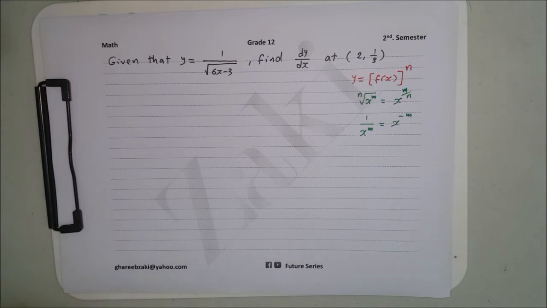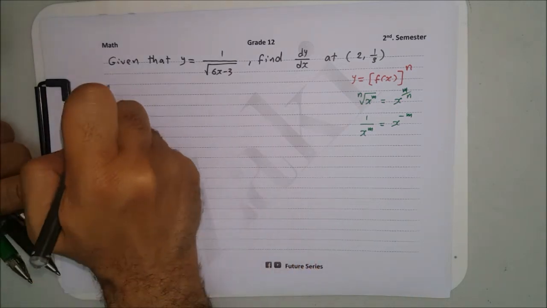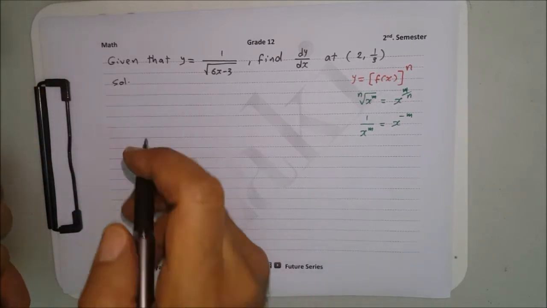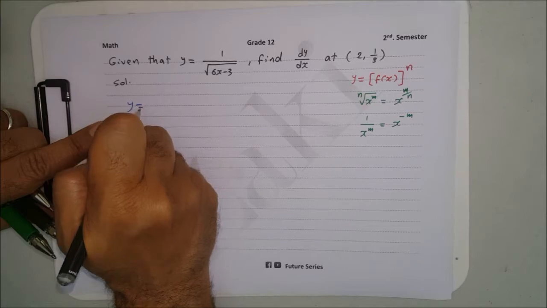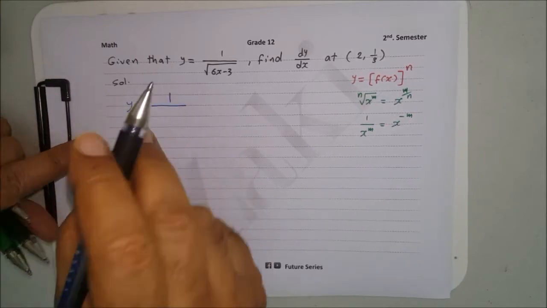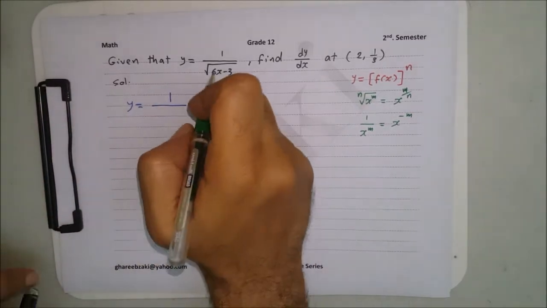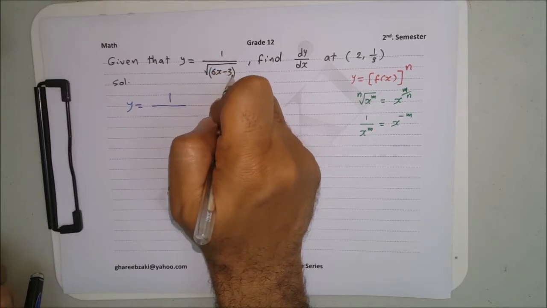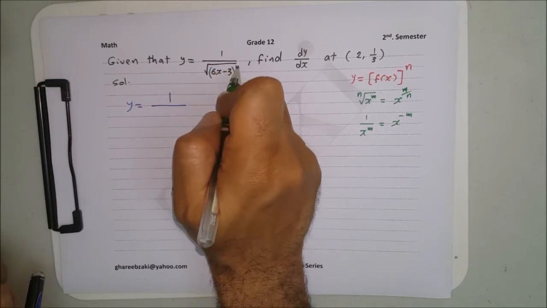Let us start to solve this question. So, the solution is that y equals 1 over, if there is no power, it means 1. So this 6x minus 3 means 6x minus 3 to the power 1.